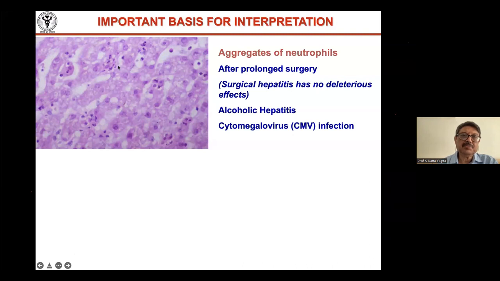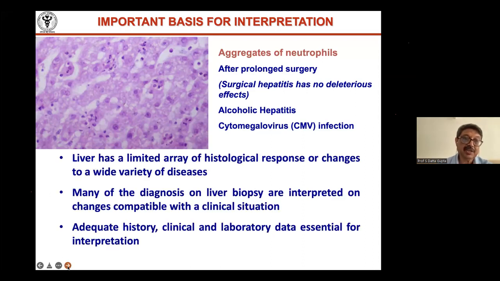The neutrophils can be seen also in alcoholic hepatitis, in cytomegalovirus infection. So if you have a history that there was no CMV or alcoholic hepatitis, but this is a liver biopsy after a prolonged surgery, shunt surgery or liver transplant, and you find neutrophils, then you report it as surgical hepatitis.